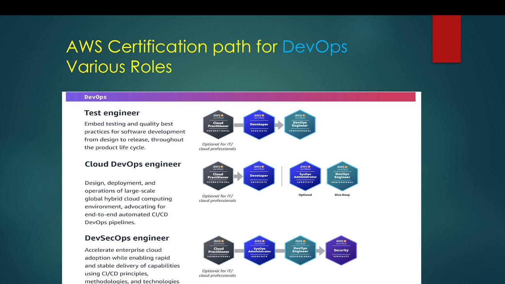It covers the SDK tools, event-driven architecture, and security, and the things to be followed when a user starts with code build, code commit, code deploy. These are some of the services covered, as well as various SDK tools, the command line interface, and many more services.